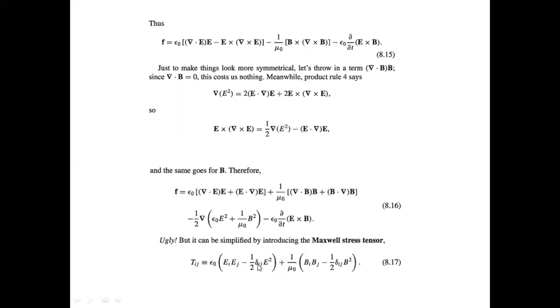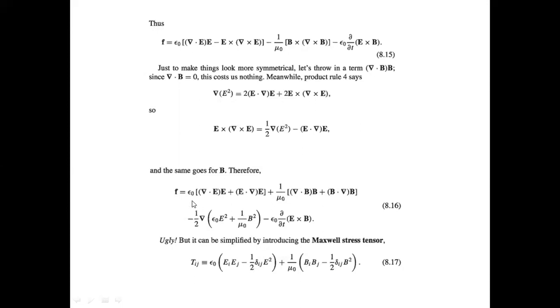So this term will become 1, that is, E squared will appear in the expression when i and j are the same, and here also it's the same. B squared will appear when i and j are the same. When i and j are not the same, it won't appear.